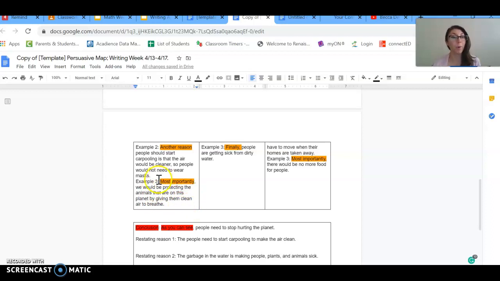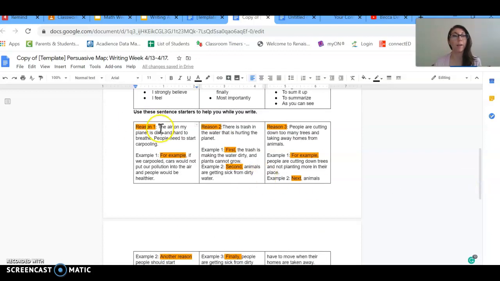Your examples are proving your reasons to your readers. So your examples are making your readers think, yes, this person is right.